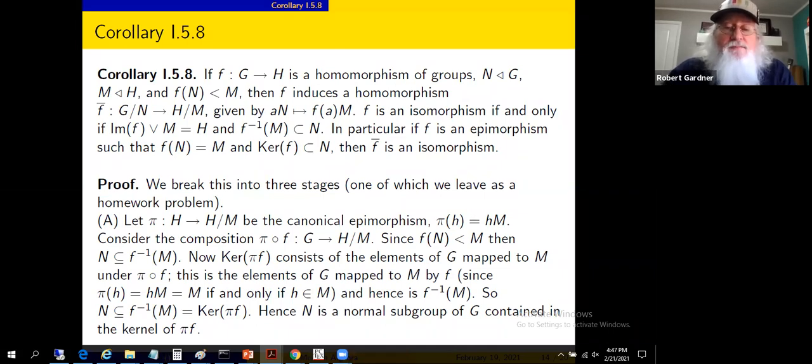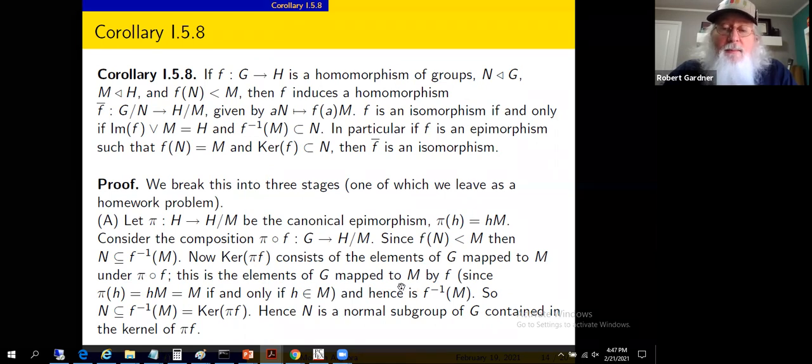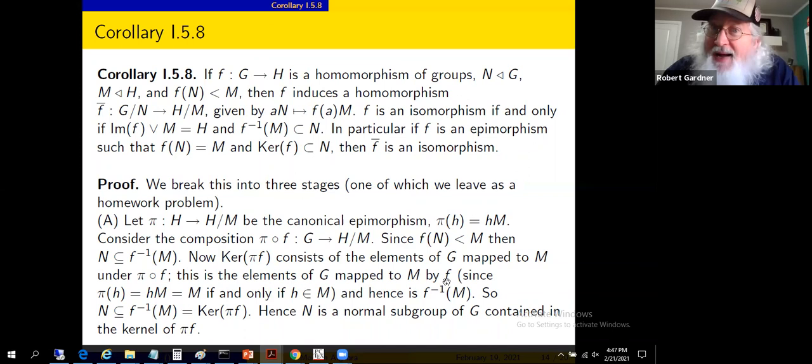So ultimately, the kernel of the composition pi f, not drawing the composition symbol all the time. This is standard notation from Hungerford. I'm a little more comfortable with a little circle for composition. But anyway, the kernel of this mapping consists of things that are mapped to M by f.